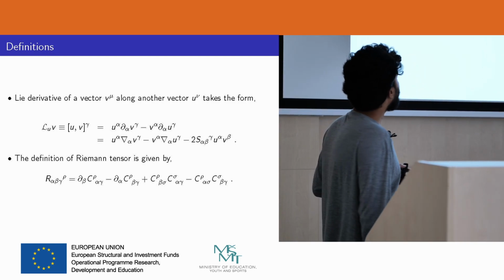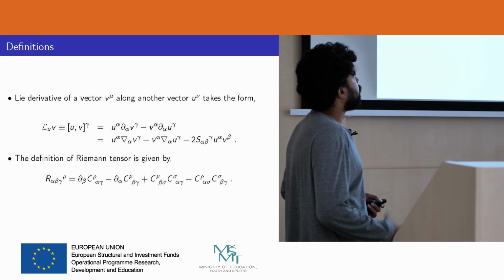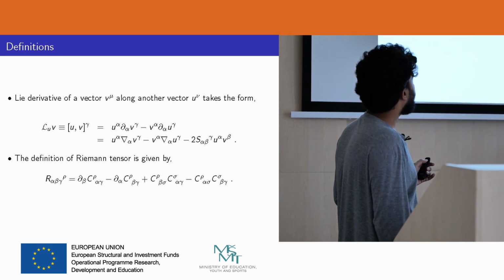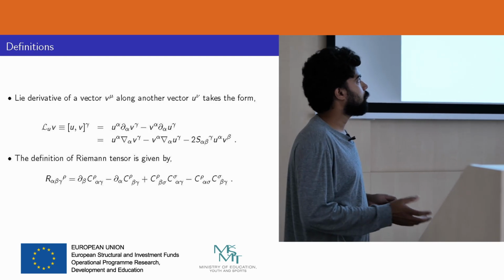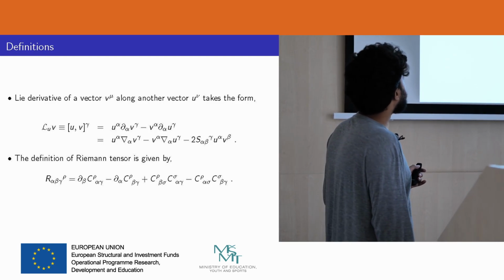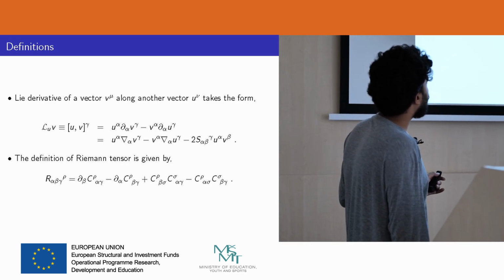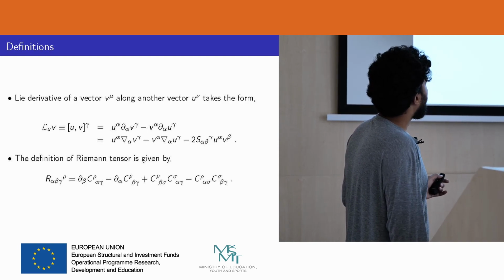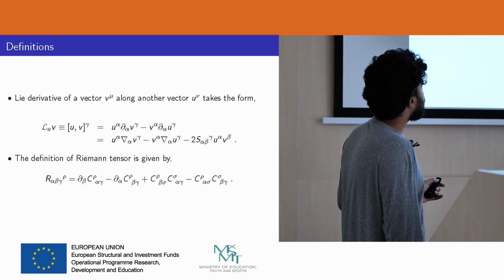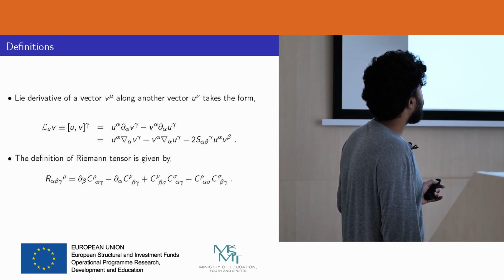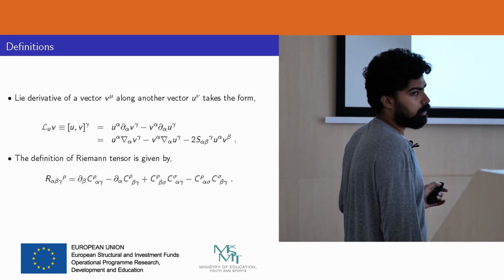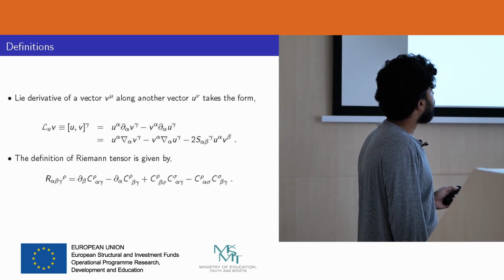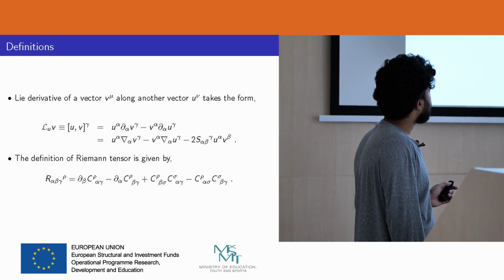Here is the expression for the Lie derivative of a vector v mu along another vector u mu, let's say, which takes this form. So we know that this is the expression for the Lie derivative. If we substitute this partial derivative with the full covariant derivative, then we arrive at this expression.